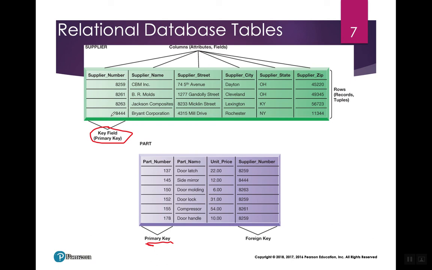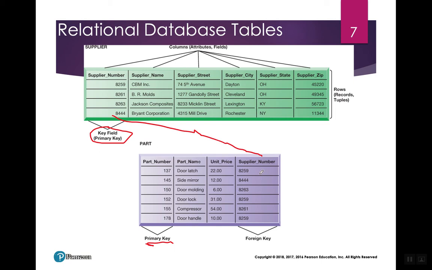The foreign key, which points to, so the supplier number and the supplier number are the same. So this is a primary key. This is a foreign key. All right. So what we now have the ability to do is these two tables are now linked together over this common field.